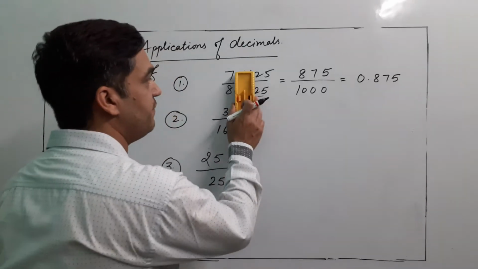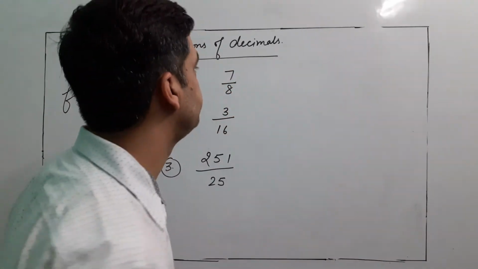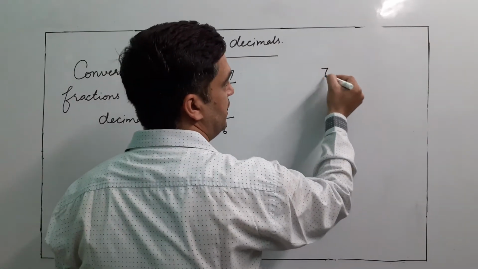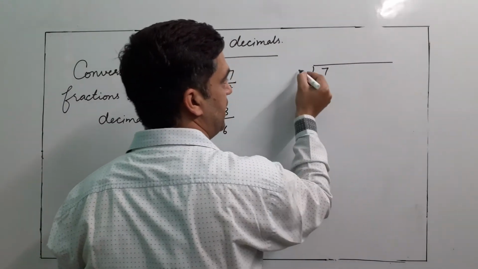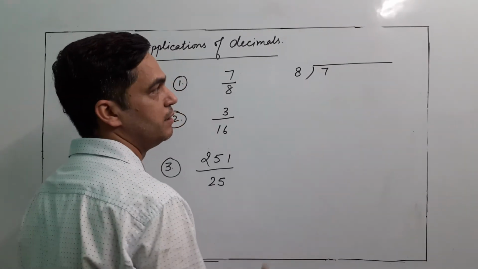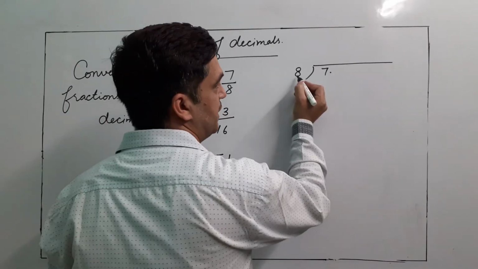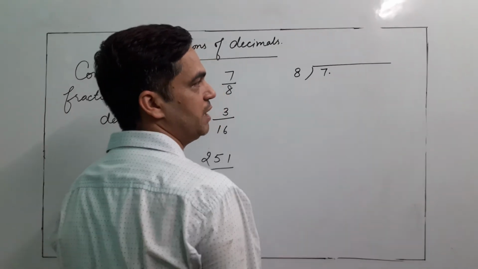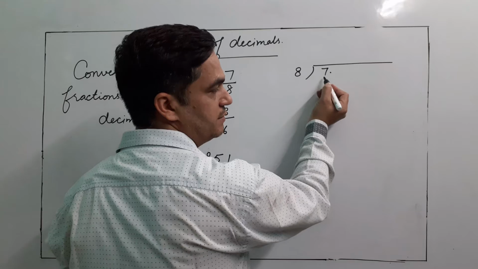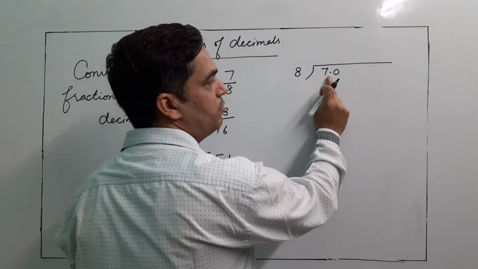Another easy way is to divide this 7 by 8 directly. This is the easiest way. You just put the decimal here. 8, if you count the multiples of 8, you will not find 7. So you have to take 0 here. Just forget about this decimal.